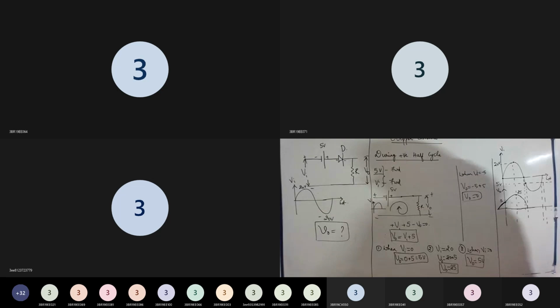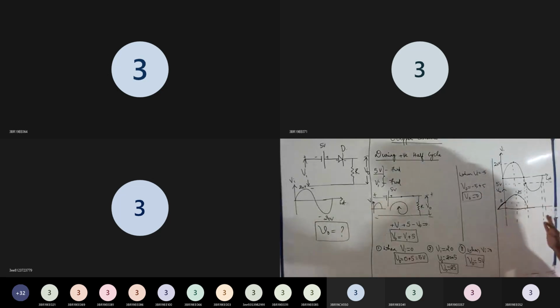Correct? Understood this point? Okay. See, we understood these 3 points. I want to know when V naught will be 0.